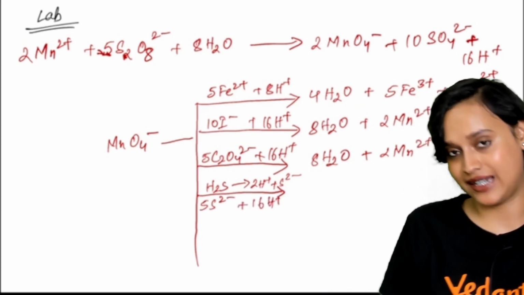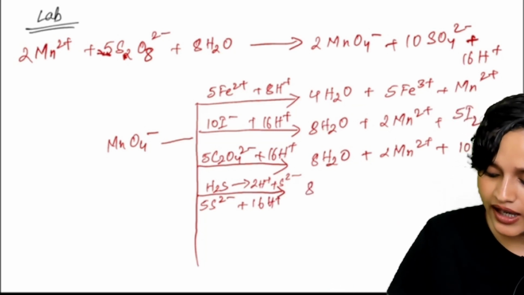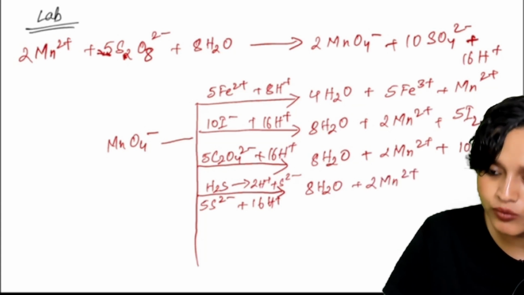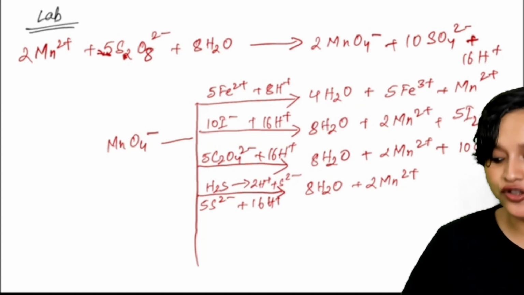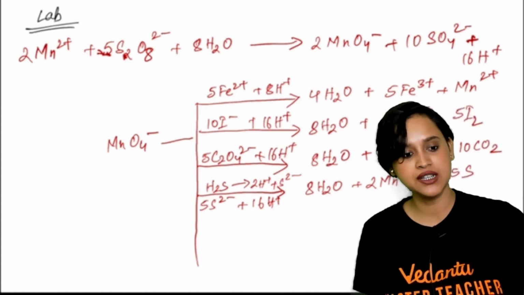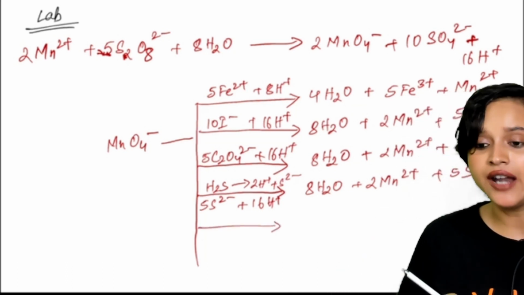Once again, you're seeing 16H⁺, that means 8H2O, write it down, plus 2Mn2+, and now that you have taken 5S²⁻, that will obviously become 5S. Easy peasy. Are you all able to learn it? Learn it right away, everybody.